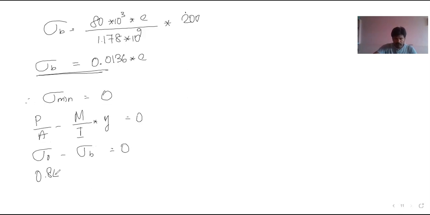So 0.849 minus 0.0136 into e is equal to 0. Therefore, e becomes 0.849 divided by 0.0136.